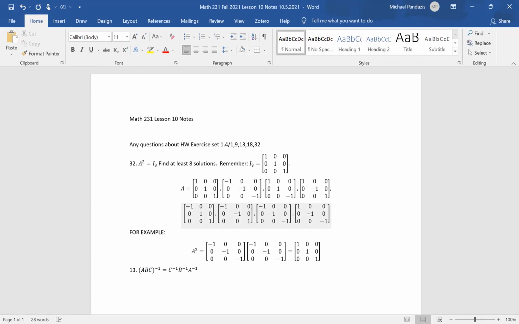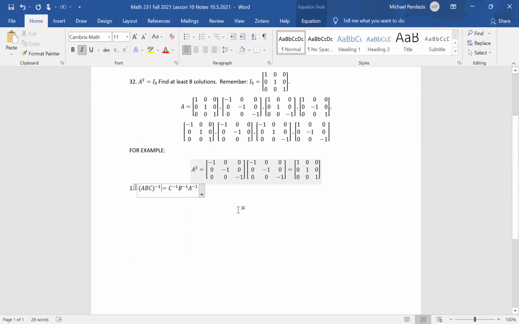It says verify for the matrices in 5 to 8. So that's basically saying, let's choose one of them.